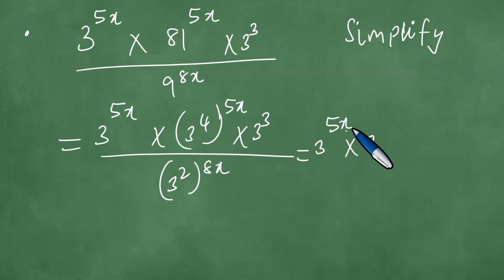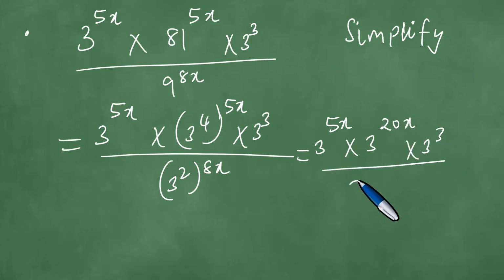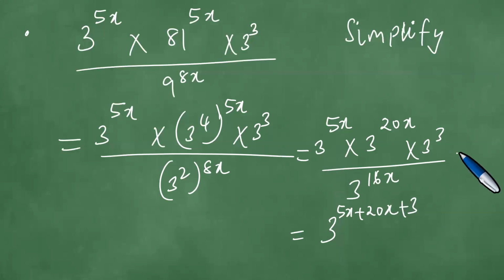What is 4 times 5x? And what is 2 times 8x? You can see that this is base 3, base 3, base 3, base 3. So you can take one base 3 and add all the exponents: 5x plus 20x plus 3. You add all the ones at the top because you're multiplying, and then you minus the 16x like that.